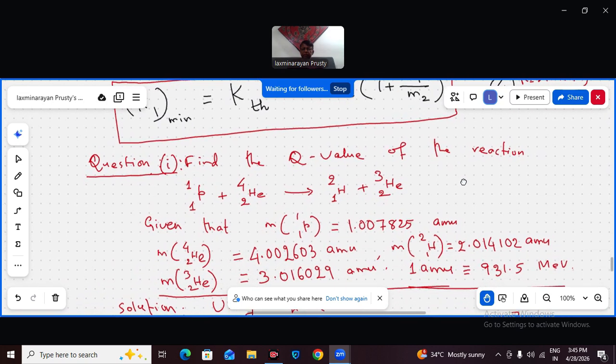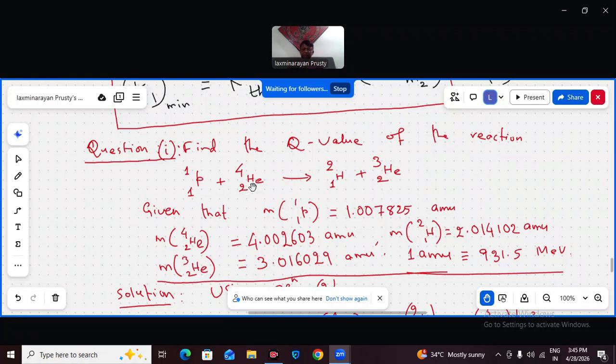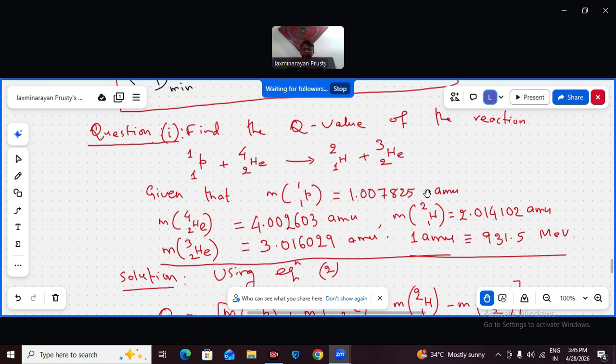Let's do a question. Find the Q value of the reaction: proton plus helium 4 gives deuterium plus helium 3. I have given the masses of all four in AMU terms: the proton, helium, deuterium and helium 3.